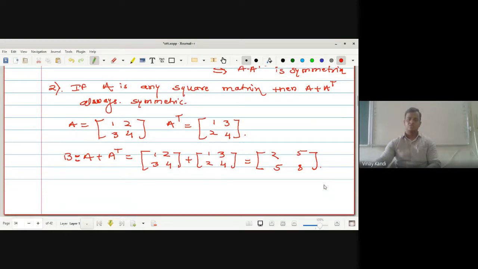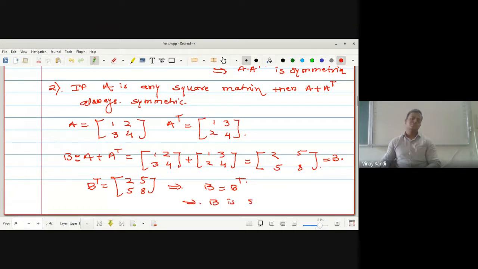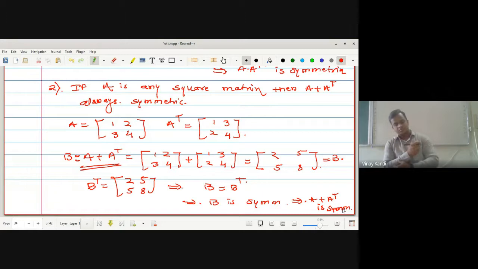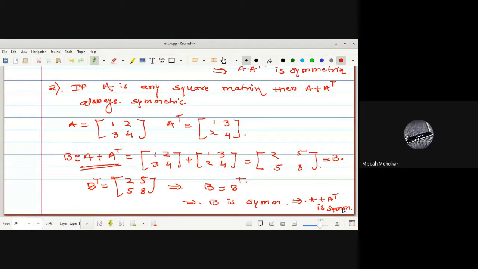So this one is B. Now what is the B transpose? 2, 5, 5, 8. So this implies B is equal to B transpose. This implies B is symmetric. So A plus A transpose is symmetric. Any doubt? No, sir. Okay.